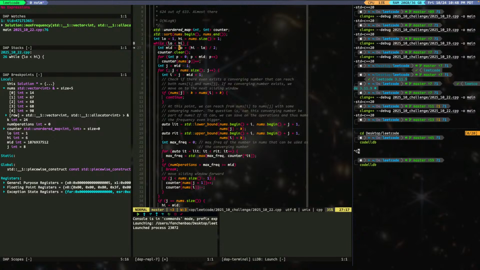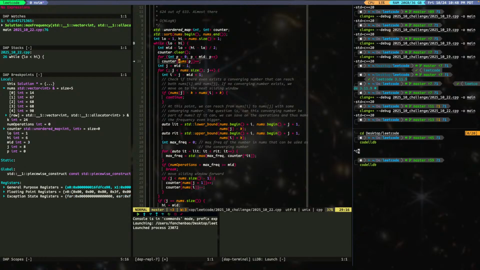Let's run this. So mid starts with 3. Oh, counter. Now counter is a map, so it's fine.